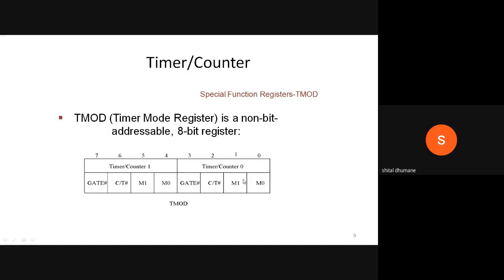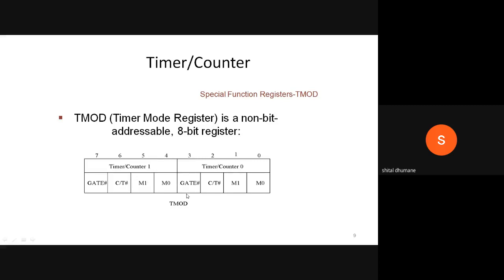Whatever is defined with these bits, the same applies for timer 0 and timer 1. So it is easy to remember: these 4 bits are for timer 0, and in the same way you have the 4 bits for timer 1.